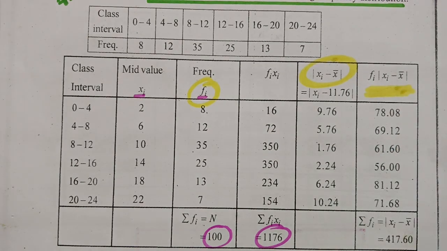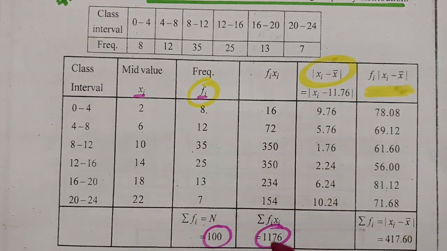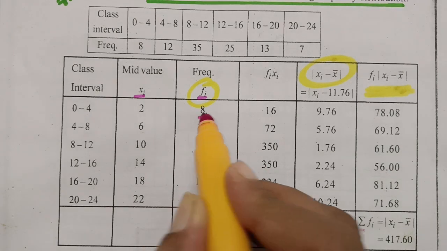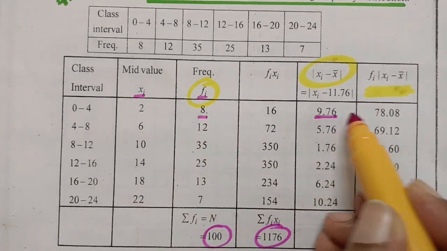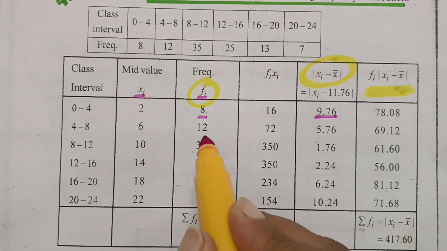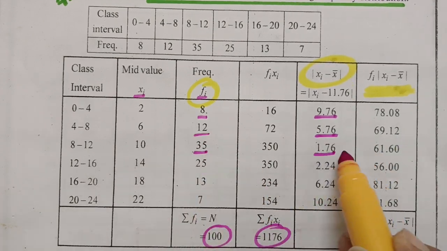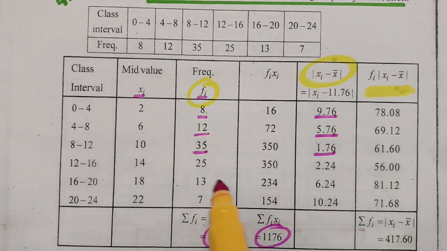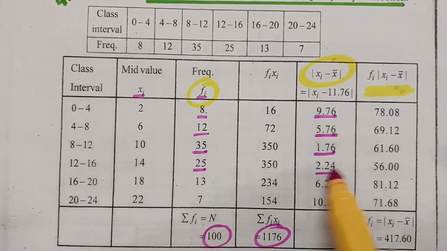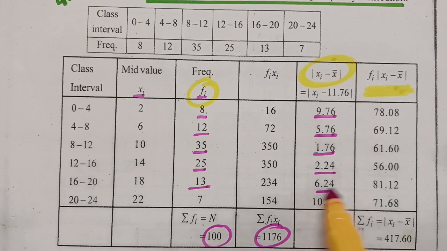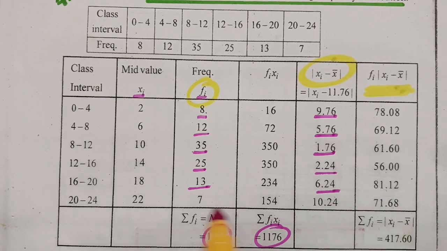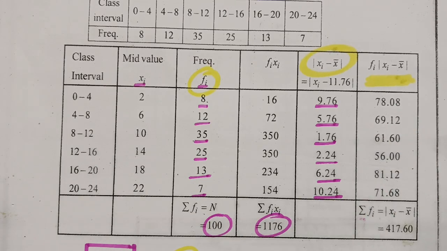So in this column if you multiply, this will be 8 into 9.76, the value is this one, and next one 12 into 5.76 is this one, 35 into 1.76 is 61.6, 25 into 2.24 is 56, 13 into 6.24 is this one, and 7 into 10.24 is this one. Now we have to add up all these.